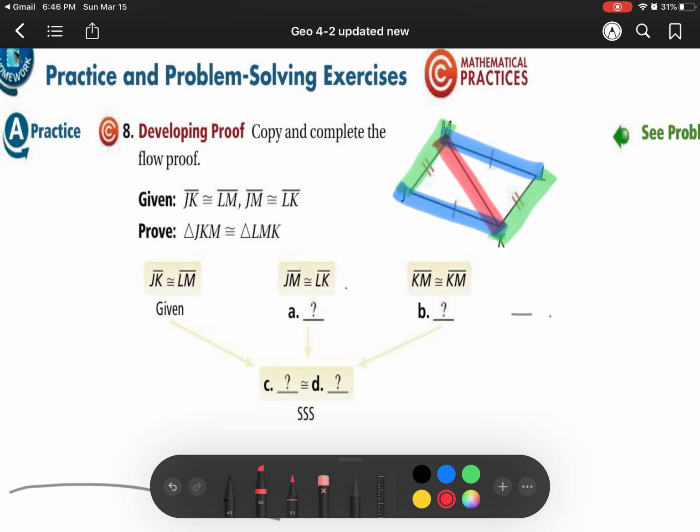So JK is congruent to LM, this is given. JM is congruent to LK as well. This is given. The third one, KM is congruent to KM. This means that we are using the reflexive property.